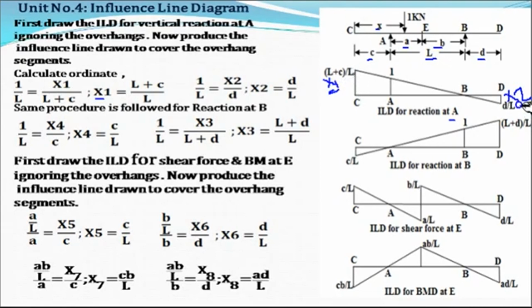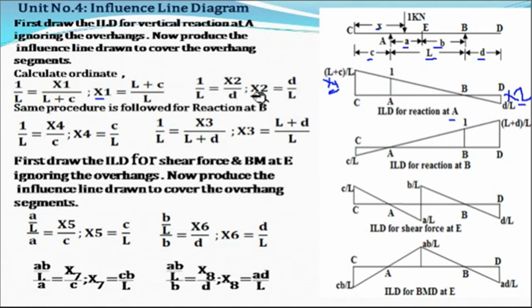In the same way, to find the ordinate x2, we will consider this triangle and this whole triangle. Here 1 corresponds to x2, and the length AB, which is L, corresponds to length PD, that is small d.